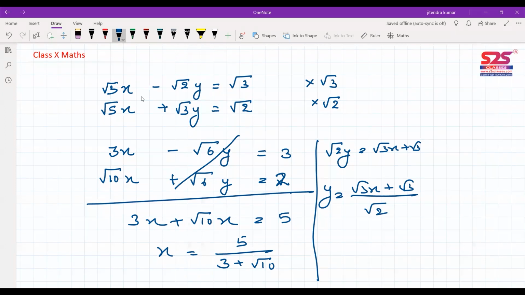Let's put the value of x at this place. We can take root 3 common from the top, and root 2 is here already. So we will have x plus 1 here. Now you can put the value of x, 5 upon 3 plus root 10, here and you will get the answer.